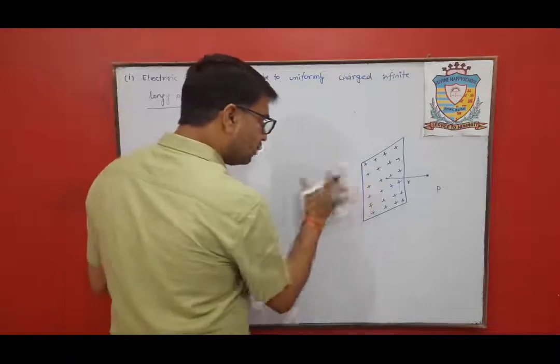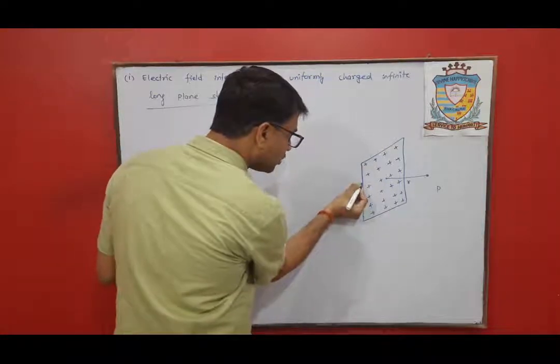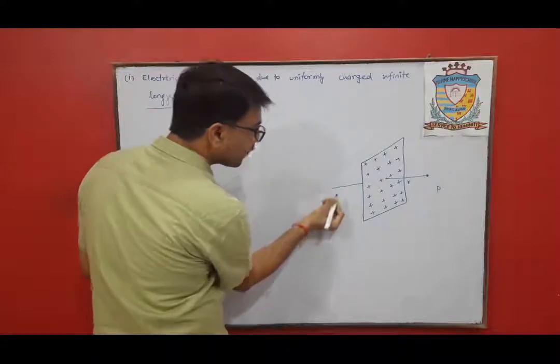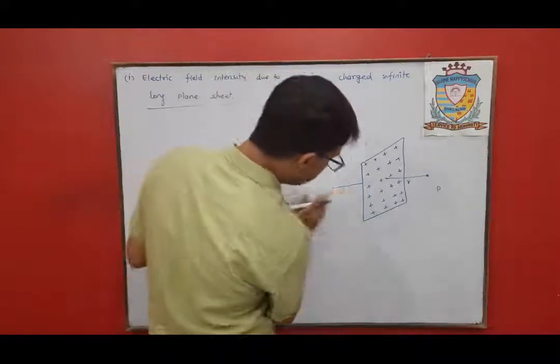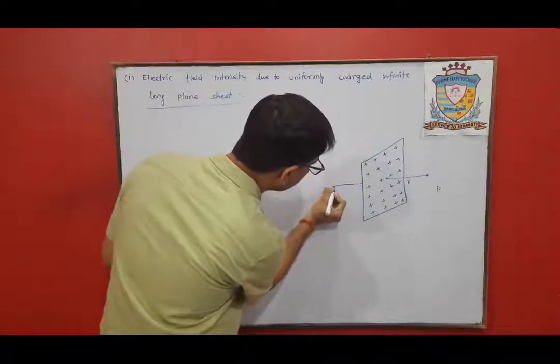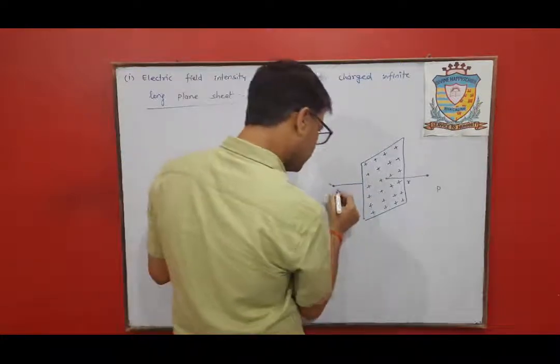We will take one more symmetrical point which is also at a distance of r from this sheet.